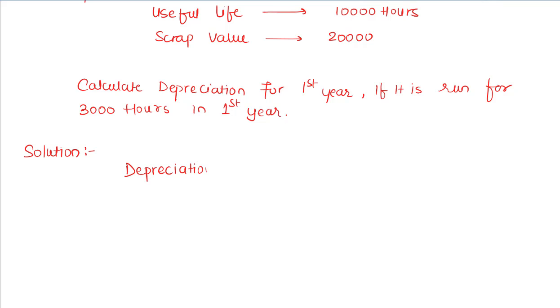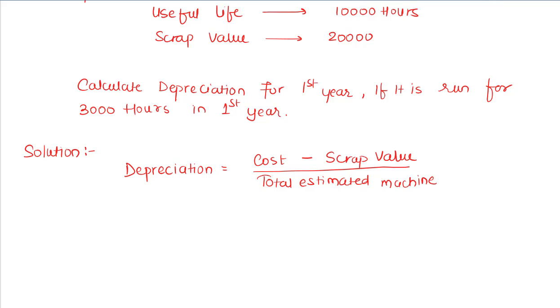Depreciation equals cost minus scrap value, divided by total estimated machine hour life, multiplied by current year machine hours that are used.